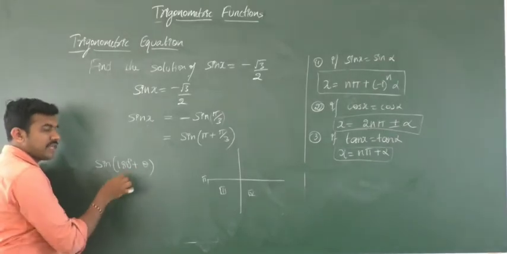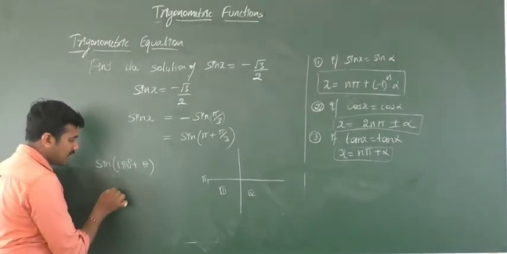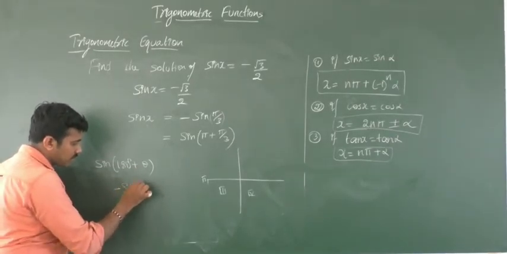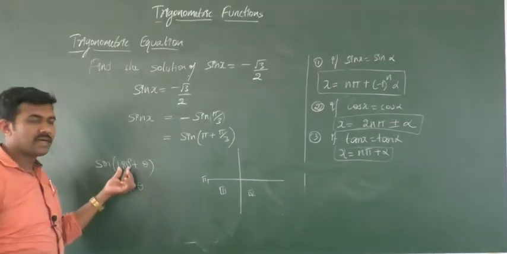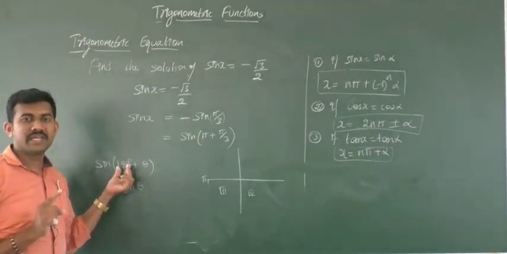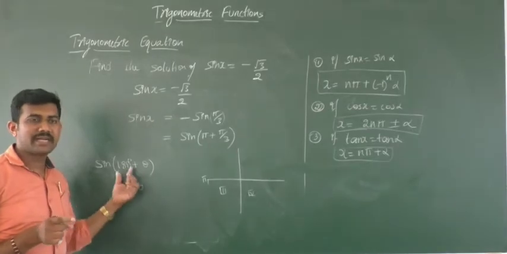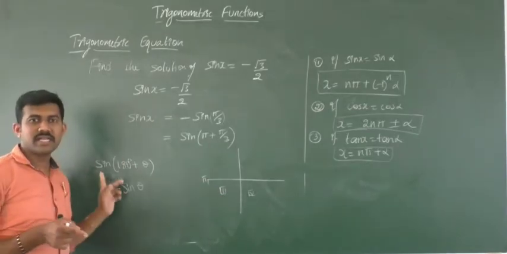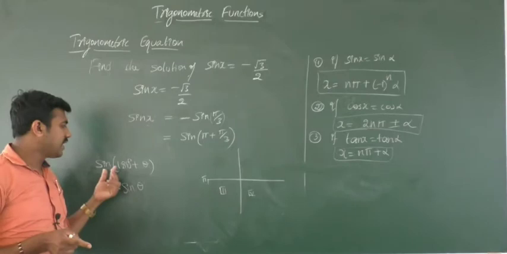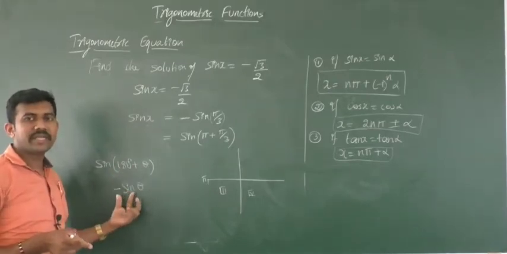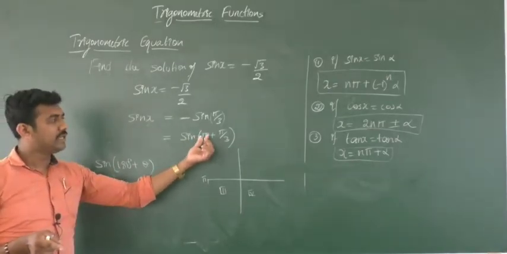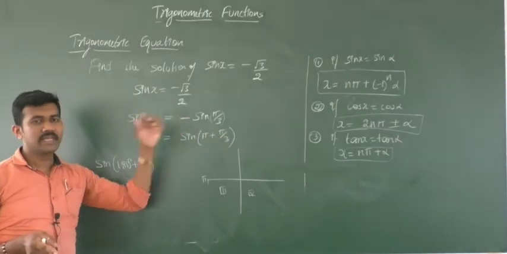Sin 180 degree plus theta means clearly minus sin theta, because here 90 into 2, the number is even, so the name is the same, and it lies in the third quadrant, so the sign is negative. So sin 180 degree plus theta is nothing but minus sin theta. Sin 180 degree plus pi by 3 is nothing but minus sin pi by 3.